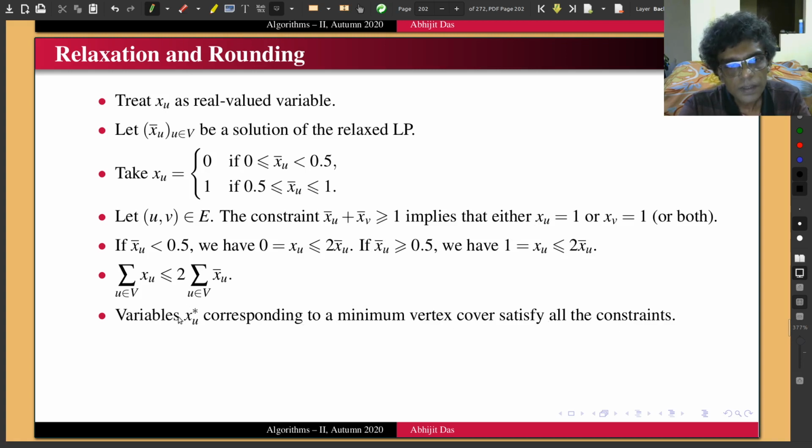Therefore, these XU star values are also a feasible solution of the LP instance.